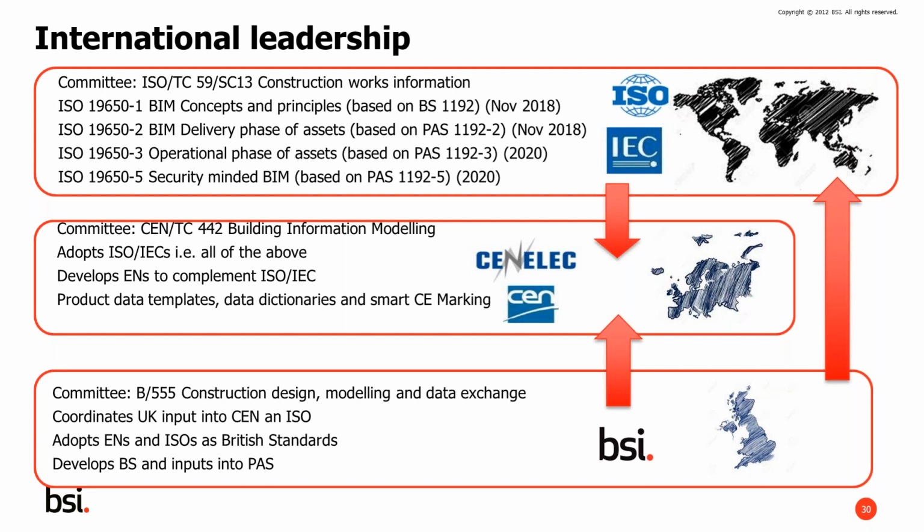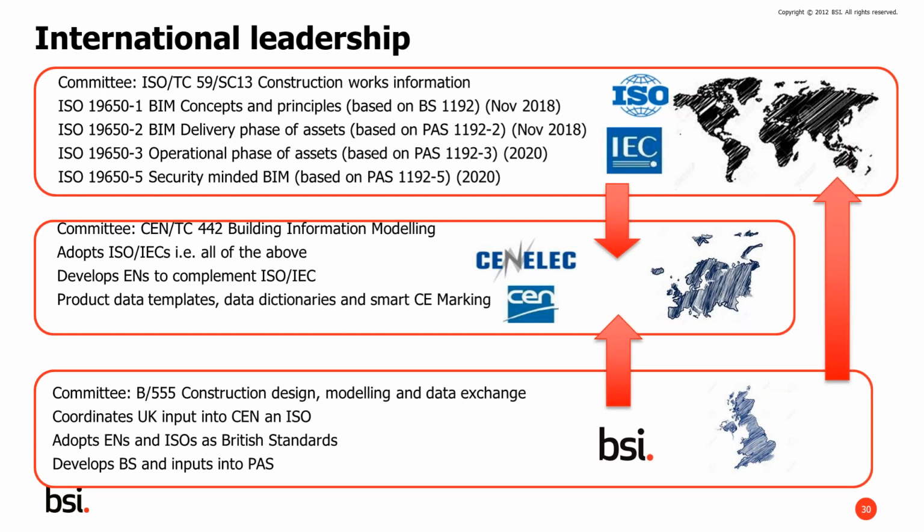Now looking at the European Committee in the middle, which is CEN-TC 442 Building Information Modelling. This committee is at present adopting all of the international standards being produced by ISO TC 59 SC13 as European standards through something called the Vienna Agreement.